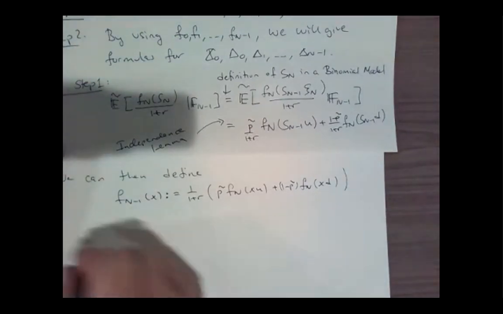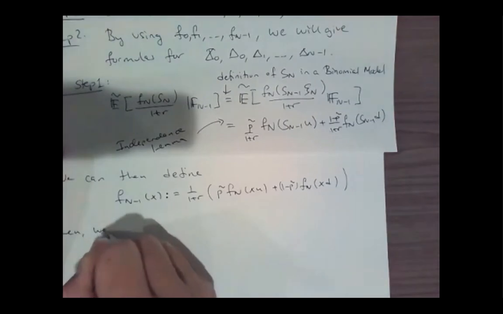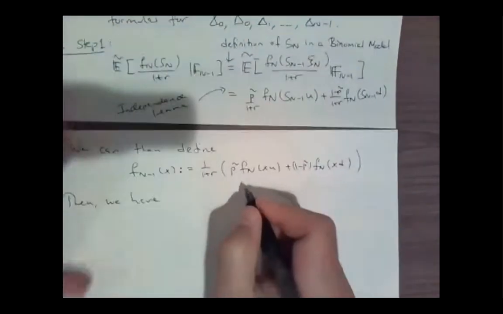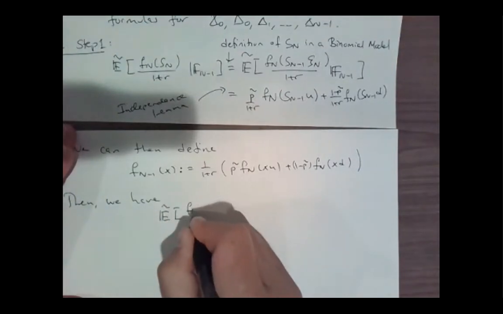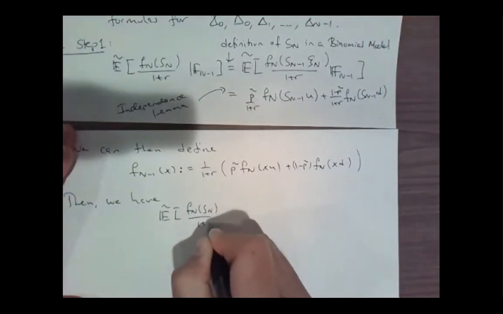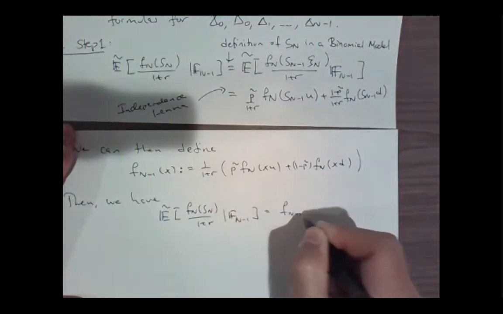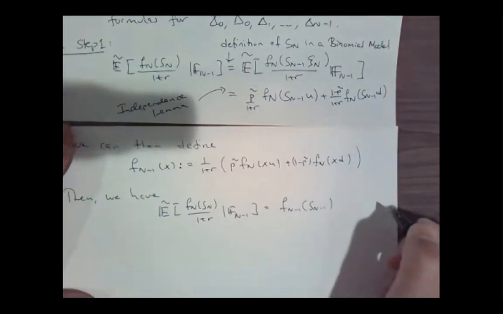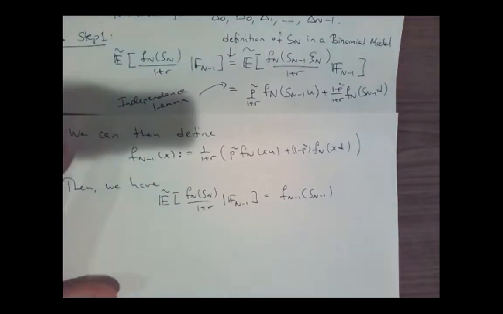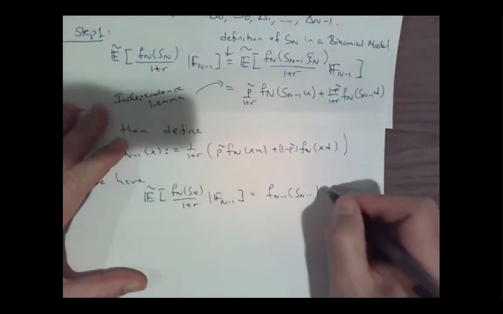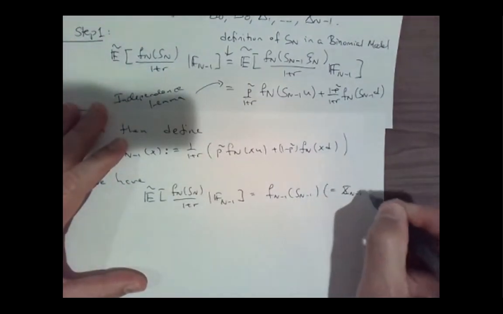By defining it this way, we get that the conditional expectation of f_N of S_N divided by 1 plus r given F_{N-1} is exactly f_{N-1} of S_{N-1}. That's the key property, and this is really what we want to be X_{N-1}. This is what we're thinking about as being our wealth at time N minus 1.